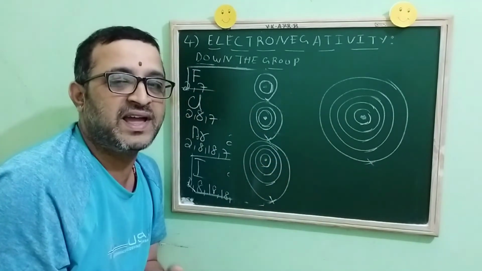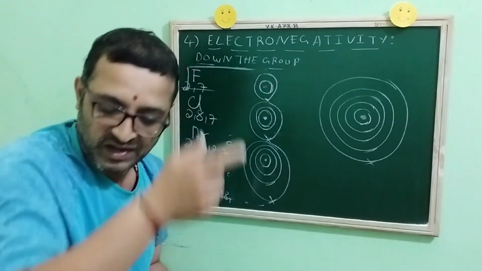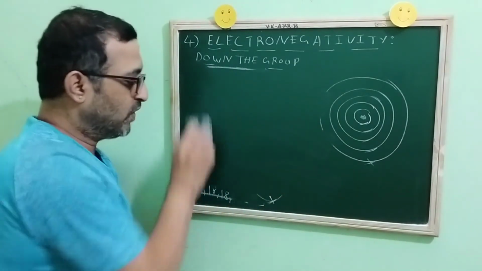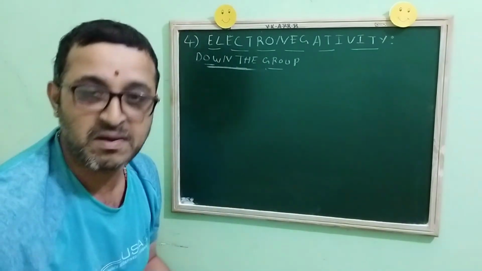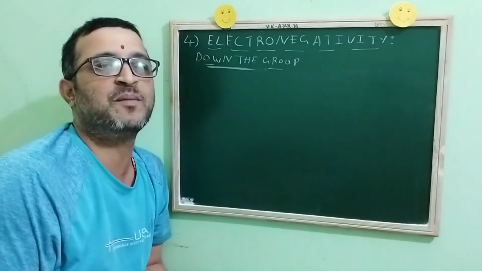This is the reason why the atomic radius dominates over what, children? Nuclear charge. So the conclusion is fluorine is the element having maximum electronegativity because of its smaller atomic radius.